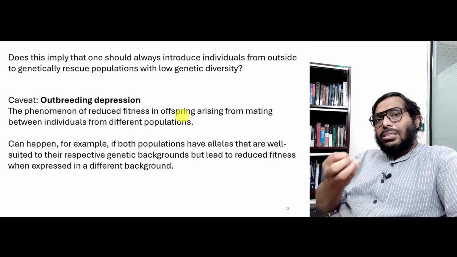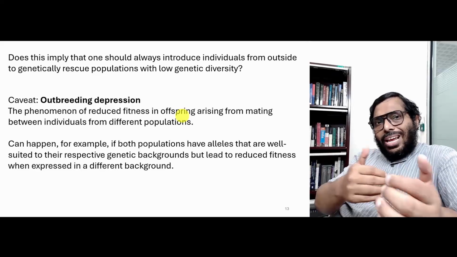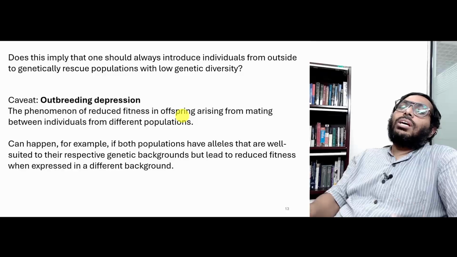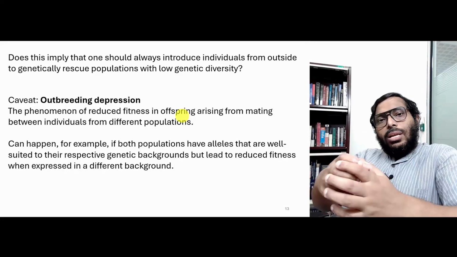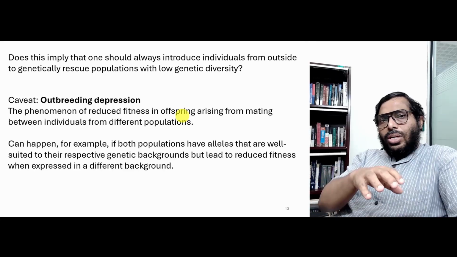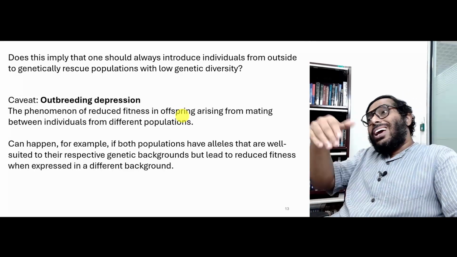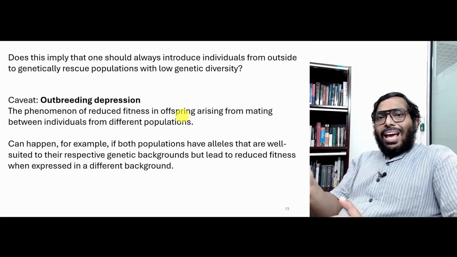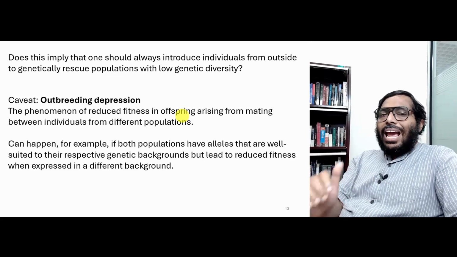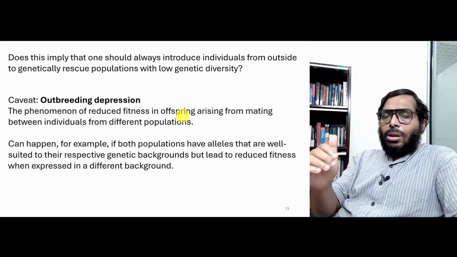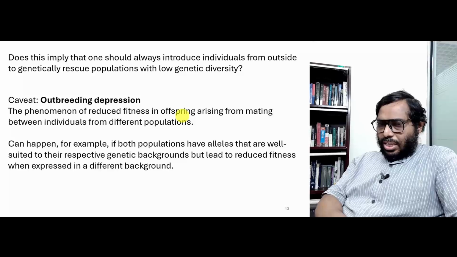Also, the alleles that are responsible for that adaptation are very well suited in those given genetic backgrounds. In other words, epistasis is happening. Now, if you suddenly make them hybrids, then what is happening? Alleles of one genetic background are now getting expressed in another genetic background. And if the epistatic effects are not proper, then that can end up leading to reduced fitness. So, this is one way in which it can happen.